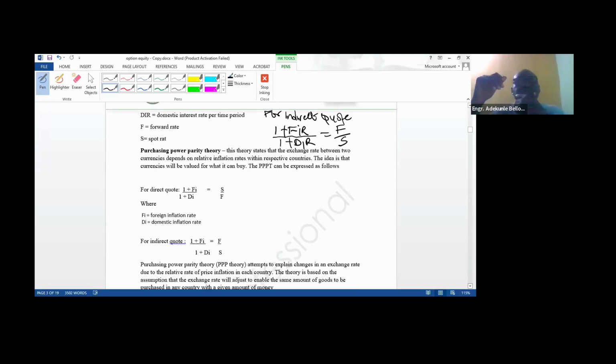Number 2, purchasing power parity theory.